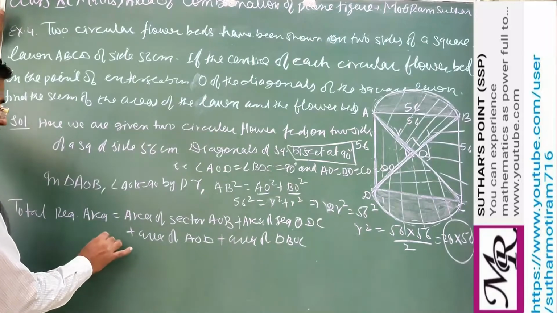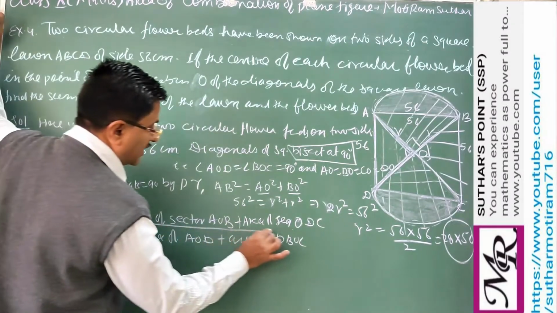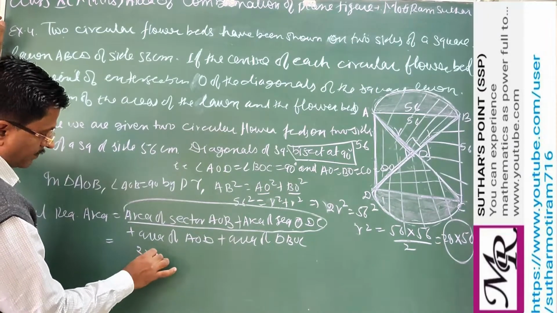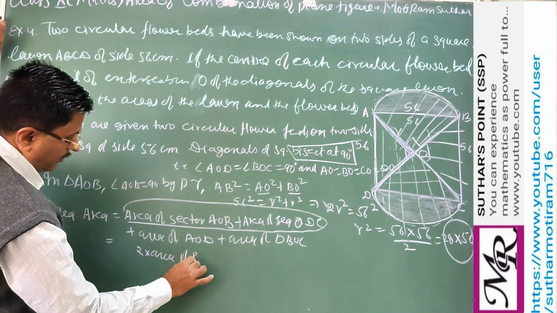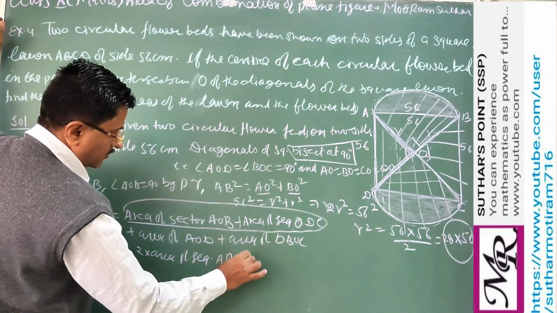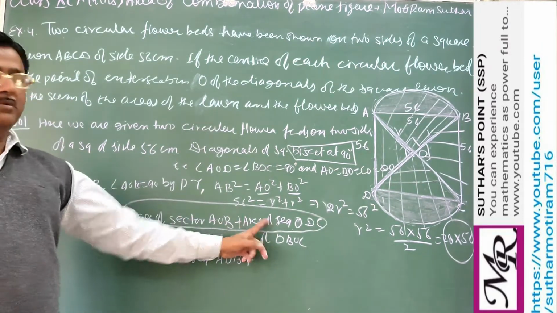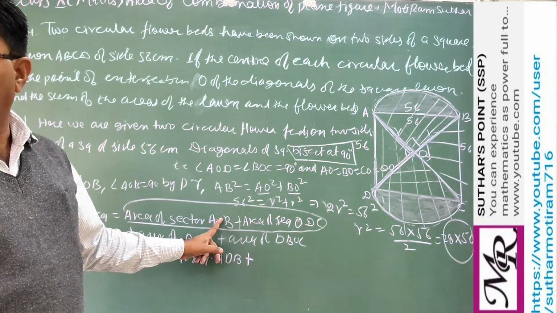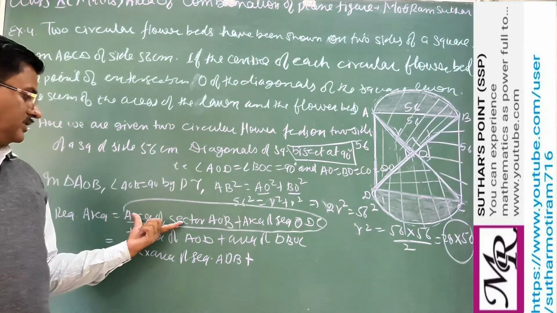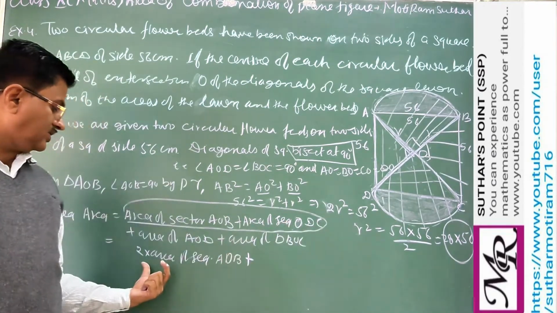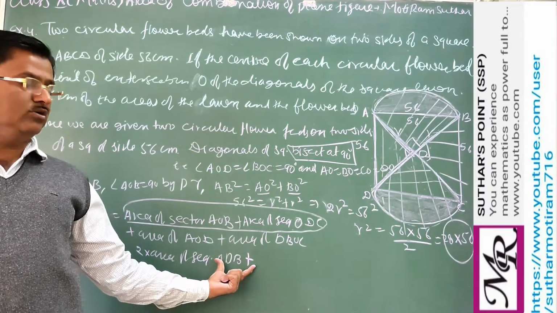Or you can write it as twice the area of any one sector, like suppose AOB. Clear? That's why I wrote here area of sector AOB, and this is also area of sector AOB, that is twice the area of sector AOB.